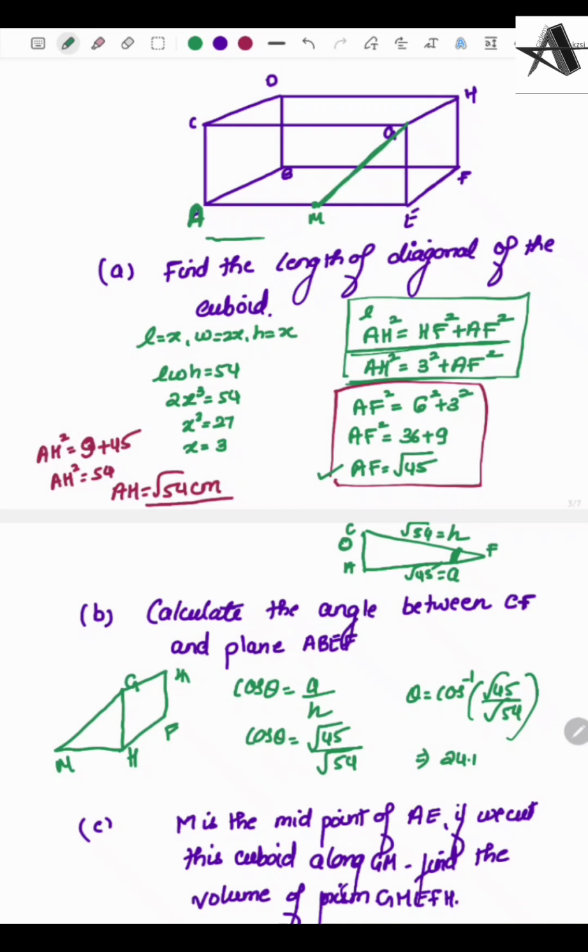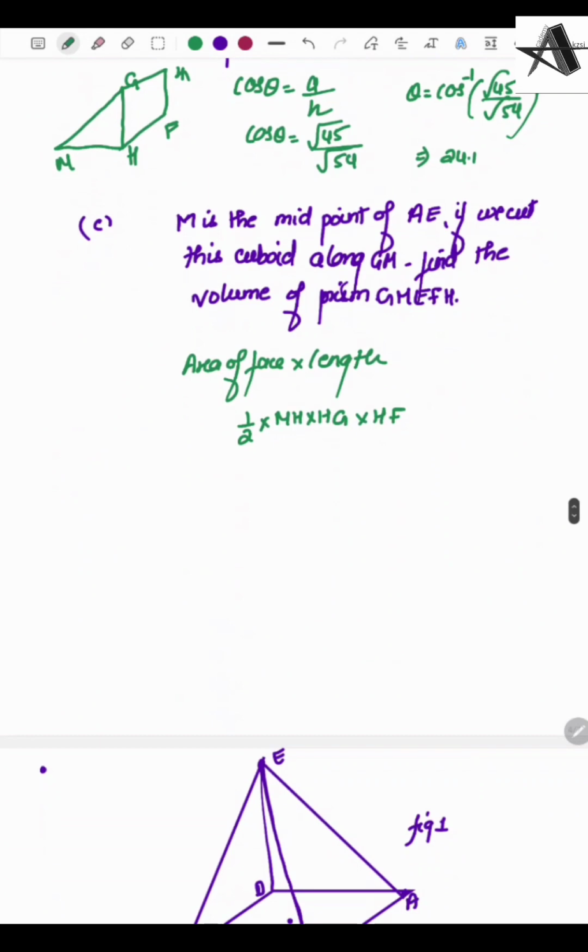If M is the midpoint, this will be 1.5. Height is GE, which we calculated as 3. EF was the width, which was 6 centimeters. So I'll put 3 into 6 into 1.5. This will give you the final volume of this prism, which is 9 centimeters cubed.